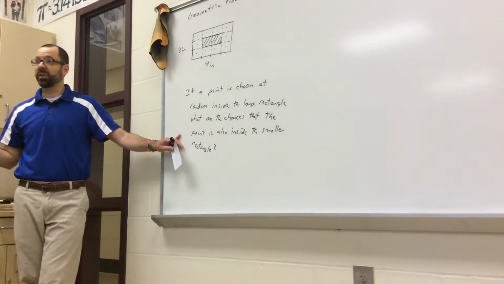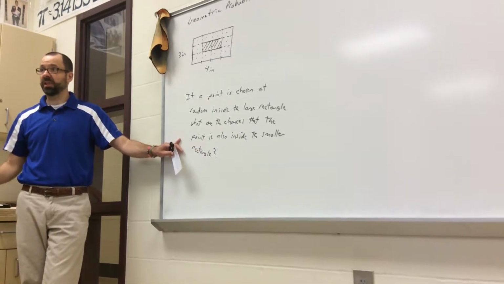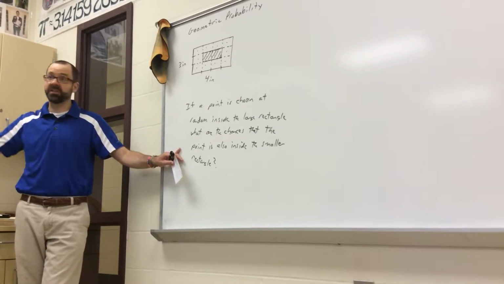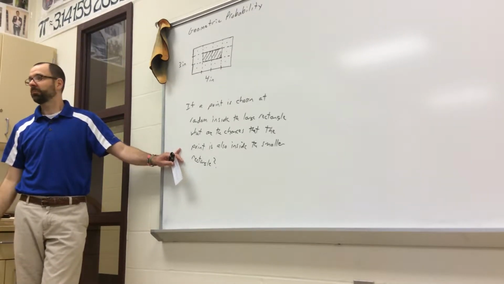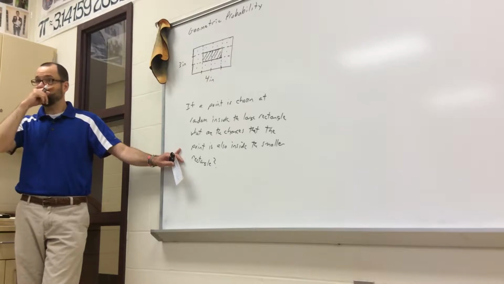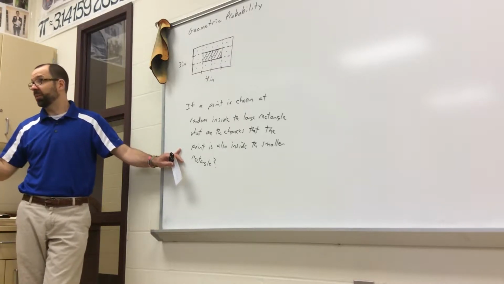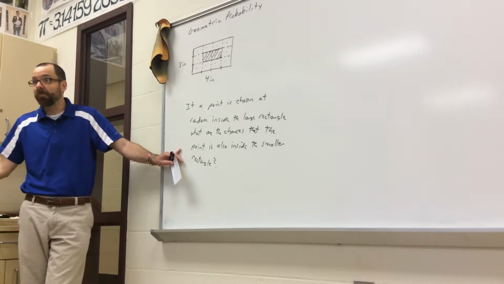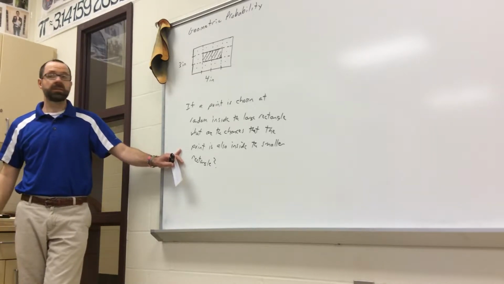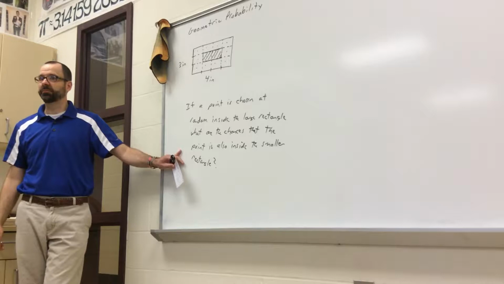So you're choosing a point at random inside the large rectangle. So it could be anywhere inside the large rectangle. And what we're going to try to figure out is, what are the chances that that point that you pick also happens to be inside the smaller rectangle.